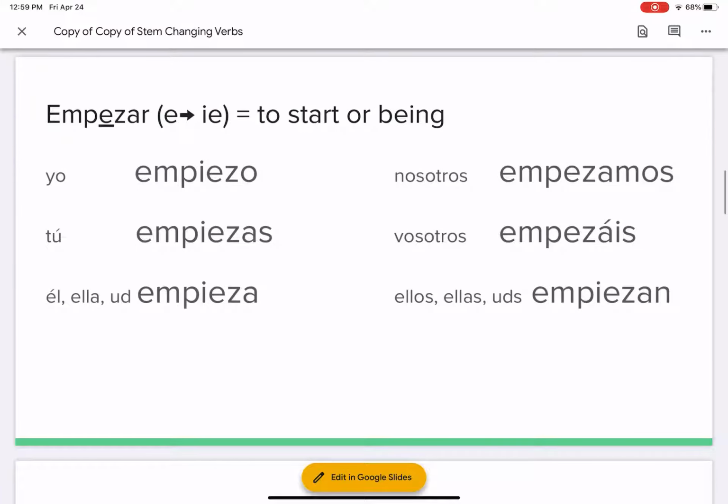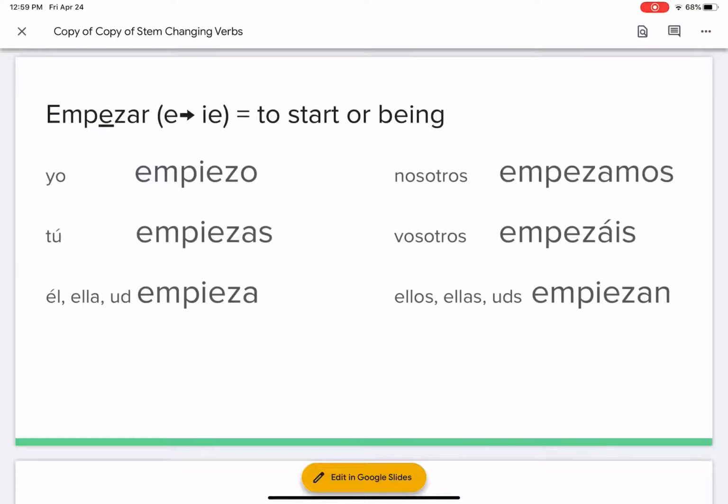The next verb that we've learned is the verb empezar, which means to start or begin. In empezar, there is an E to IE stem change. That spelling change is that E right in between the P and Z. So you end up with yo empiezo, tú empiezas, él, ella, and usted empieza.